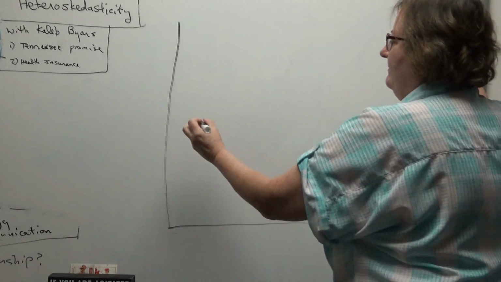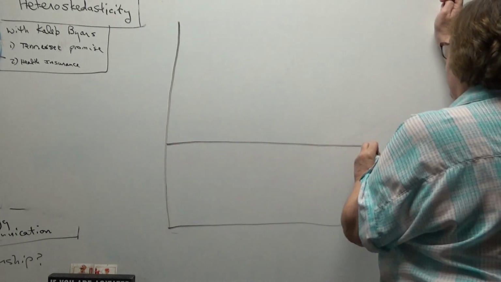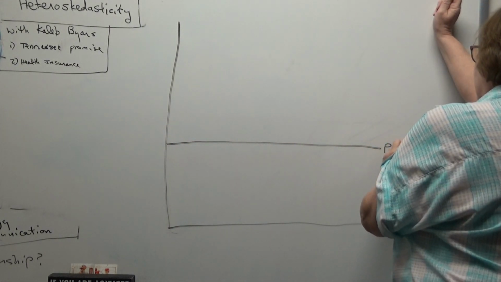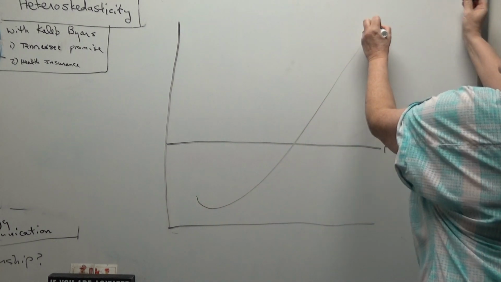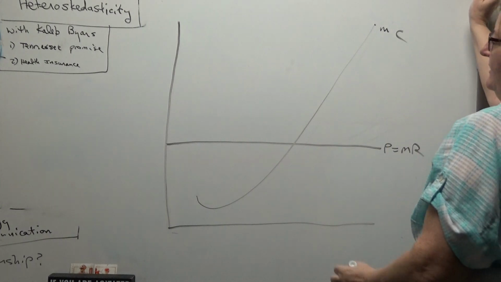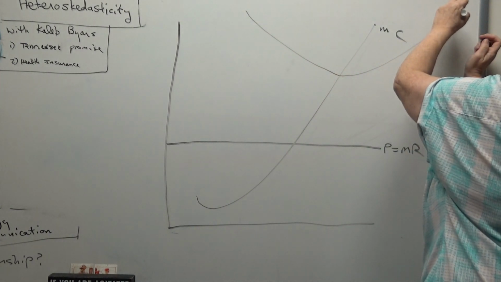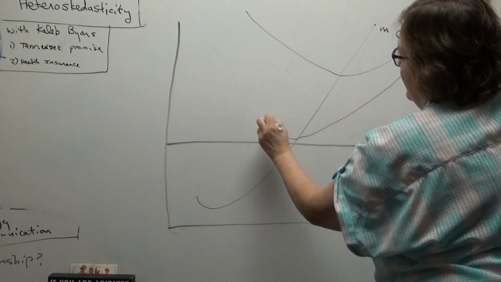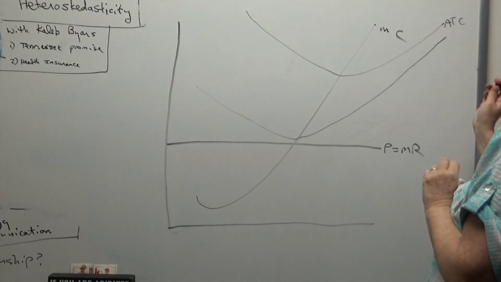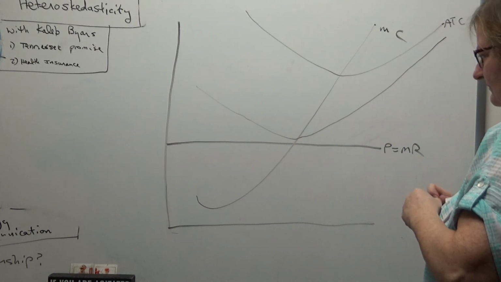Okay, this one, now here's our price, which is our marginal revenue. Here's marginal cost. Here's average total cost. Here's average variable cost. Okay?